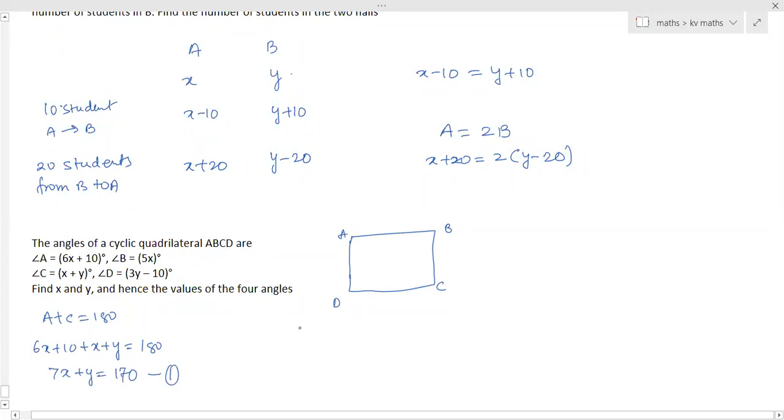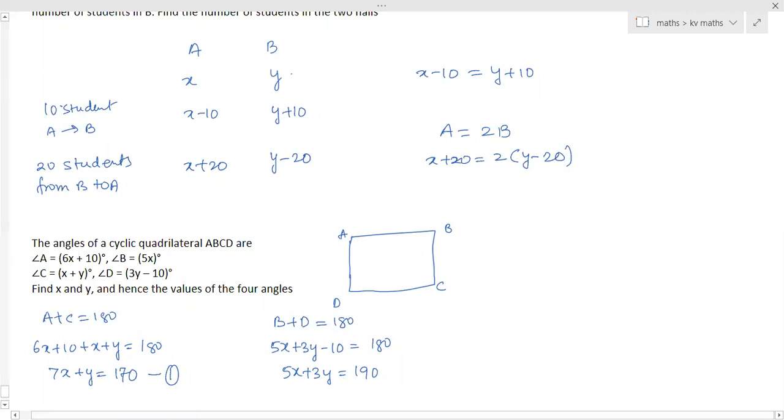This is the first equation. Again, B plus angle D is equal to 180. B is 5x plus 3y minus 10 is equal to 180. So 5x plus 3y is equal to 190. And find the value of x and y.